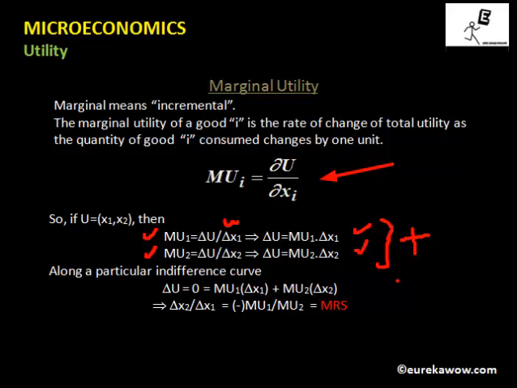Therefore this equation holds: MU1 delta x1 plus MU2 delta x2, which is the total change in the utility, is equal to 0. Rearranging the terms on both sides of the equation, we get delta x2 by delta x1 is equal to minus MU1 by MU2. So we get this equation, and this is essentially MRS, the marginal rate of substitution.